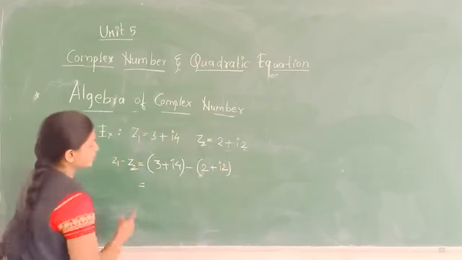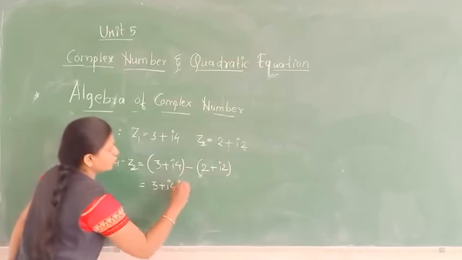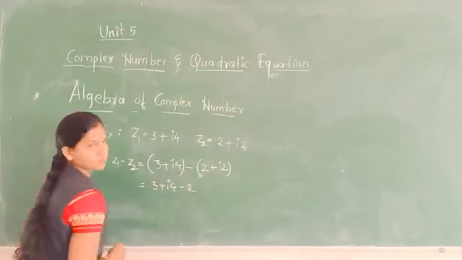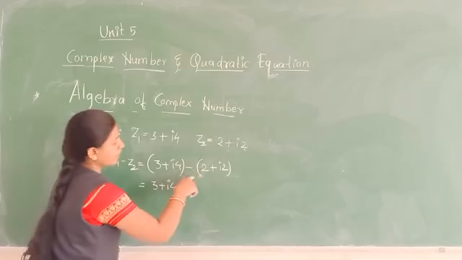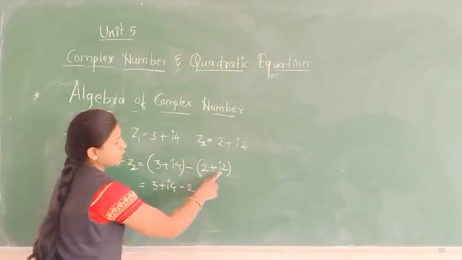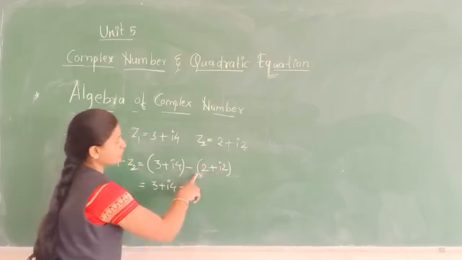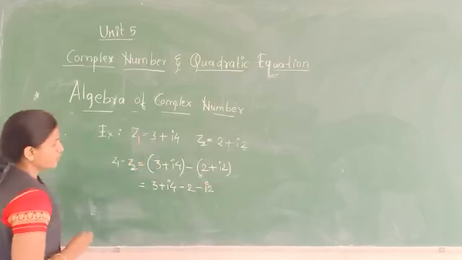So here we subtract this number: 3 plus i4 minus 2. The 2 comes outside the bracket, so minus 2. Here the plus sign is there. If i2 comes outside the bracket, then it is minus i2. The sign will be changed here.